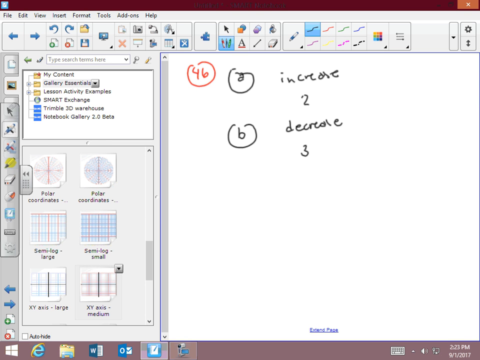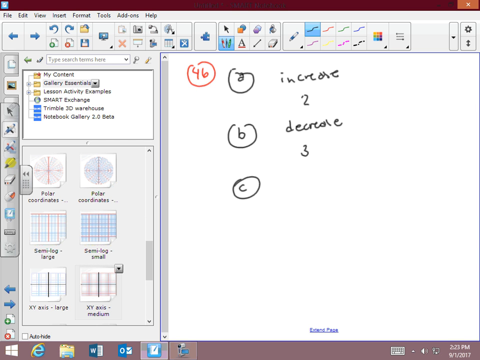Because if you decrease by a negative 3, you'd actually be going positive. I guess I would take it either way, but it seems to me like it should be 3.